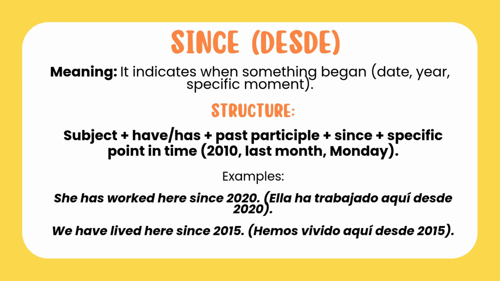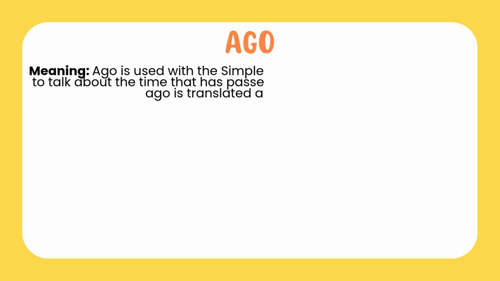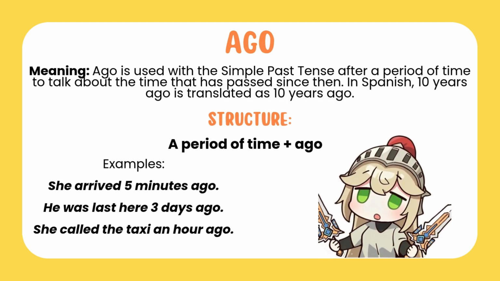Now, let's talk about ago. Ago is a special case. Grammatically, it is not correct to use ago with the present perfect. Instead, it is used with the simple past.